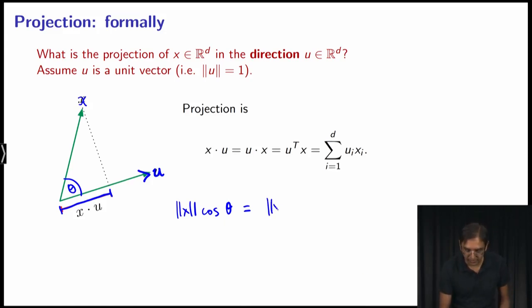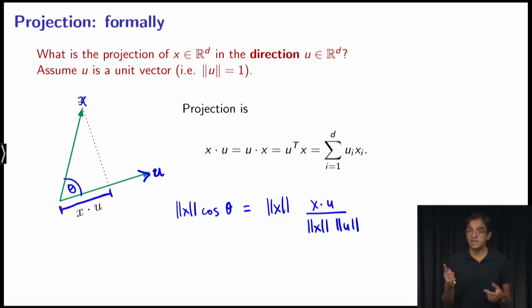We saw a formula that said that cosine of theta is actually x dot u divided by the length of x and divided by the length of u. Now u is a unit vector, so its length is 1. And so do you see how it all works out? So projections are just dot products.